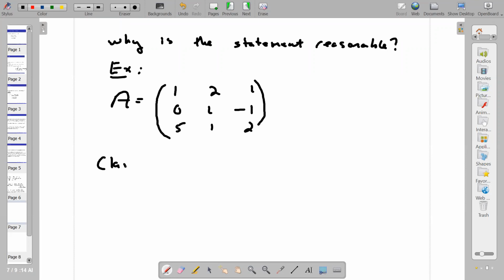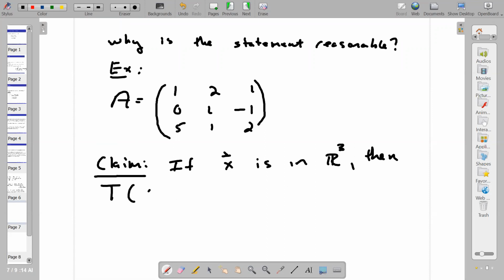And the claim is that if x bar, or x arrow, that vector x, is in R3, then if we define a function T, which takes as an input x bar, so sometimes with definitions you see like the extra pair of dots right there, so I'll go with that.